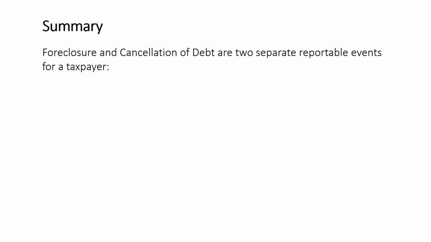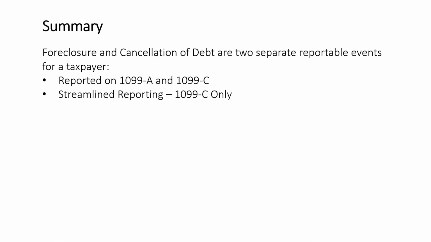So in summary, foreclosure and cancellation of debt are two separate reportable events for a taxpayer. They're reported on a 1099-A and a 1099-C. In some cases, streamlined reporting, the taxpayer will receive a 1099-C only. In some cases, the 1099-A will precede the 1099-C.